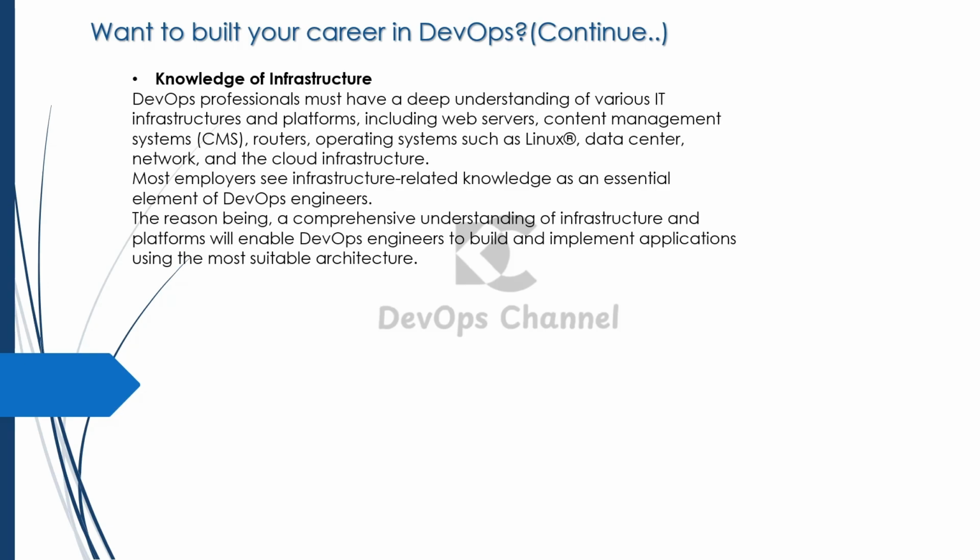Now, the second one is knowledge of infrastructure. You should be aware of all seven layers of architecture, starting from the application layer to the data layer, and all the layers in between. A DevOps professional must have a deep understanding of various IT infrastructure and platforms. You should be aware of web servers, content management, routers, and operating systems. One of the operating systems used in DevOps is Linux, and Linux is not limited to DevOps.